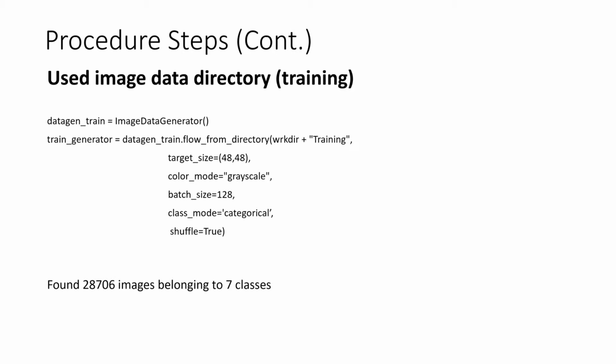So here we have the batch size. We set it to 128. I tried with 128. I didn't try with anything else. And the class mode is categorical, and we have a total of 28,706 images belonging to 7 classes. We have this in this train generator, and the batches are set randomly, and it's very efficient for convolutional neural nets.